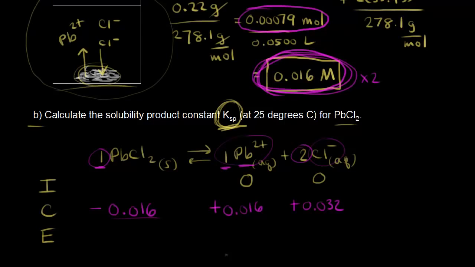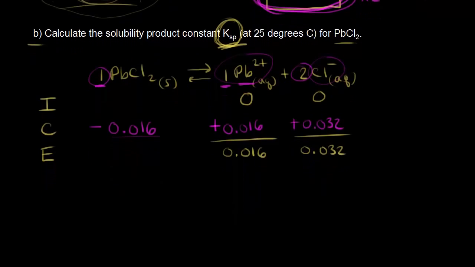So therefore at equilibrium, we should have a concentration of lead 2 plus ions of 0.016 molar, and our concentration of chloride ions should be 0.032 molar. And now we are ready to write our equilibrium expression.